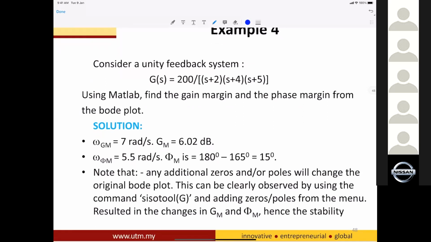Okay, so Azira Ahmad. Azira, can you read the question for me? Consider a unity feedback system, G(s) equal to 200 over (s plus 2)(s plus 4)(s plus 5). Using MATLAB, find the gain margin and the phase margin for the Bode plot. Okay, so we're going to plot it here.